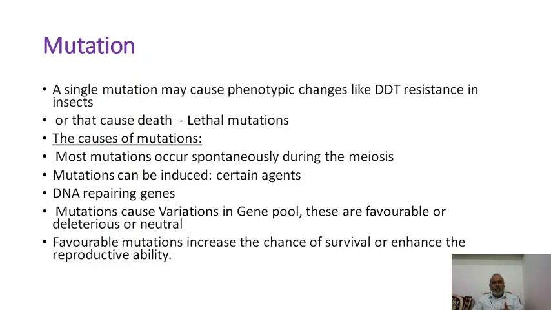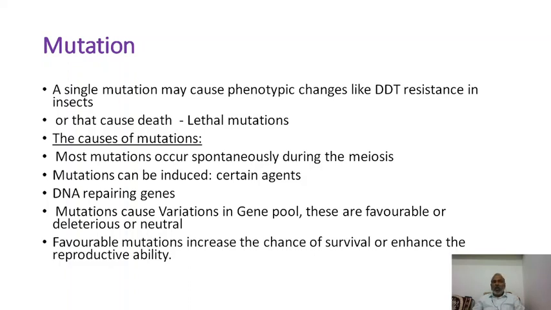A single mutation makes them survive under difficult conditions. Sometimes a single mutation can develop a character which is useful for evolution, or sometimes a single mutation can bring death to the organism. Such mutations are called lethal mutations.